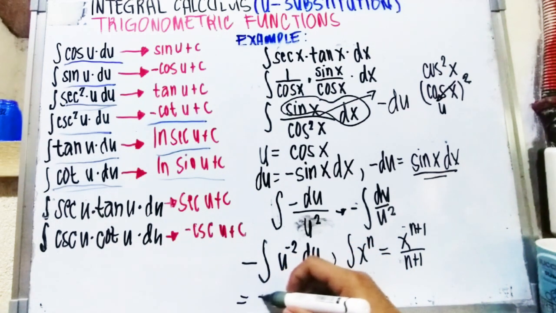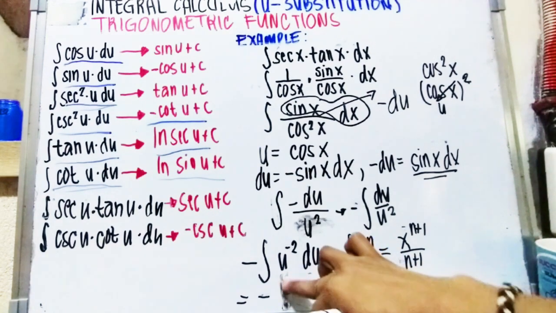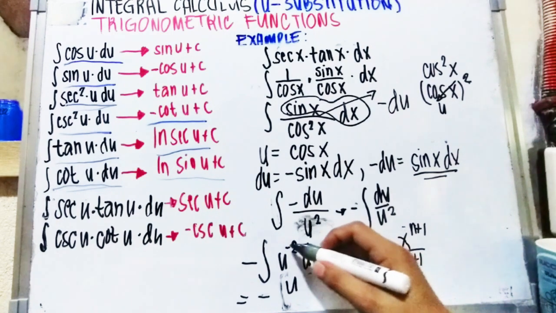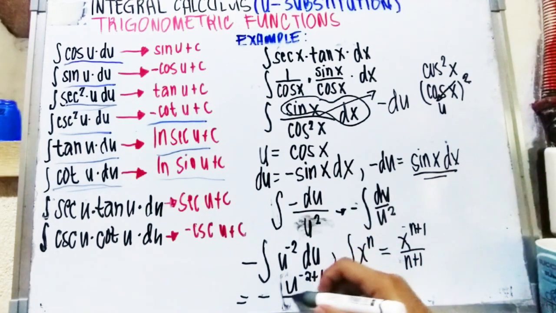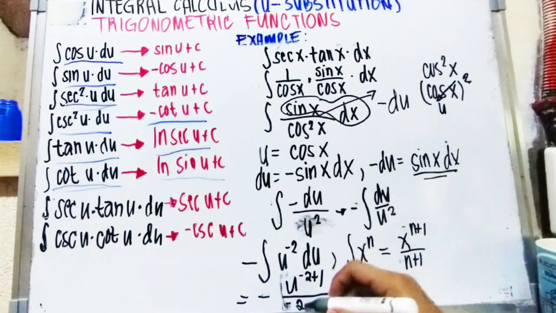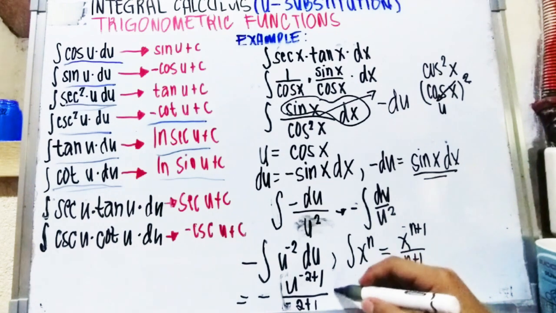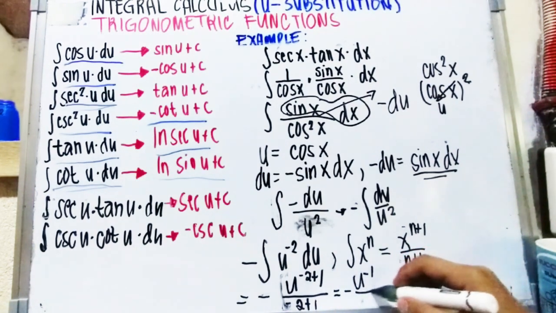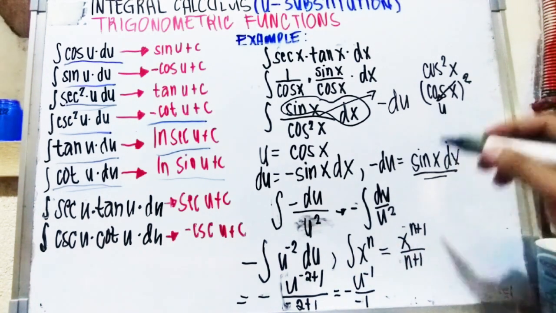Therefore, magiging negative u, ano yung n? Negative 2. Negative 2 plus 1 all over negative 2 plus 1. Evaluating this one, magiging negative u raised to negative 1 all over negative 2 plus 1 is also negative 1.